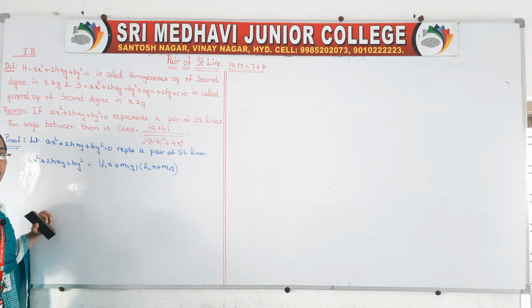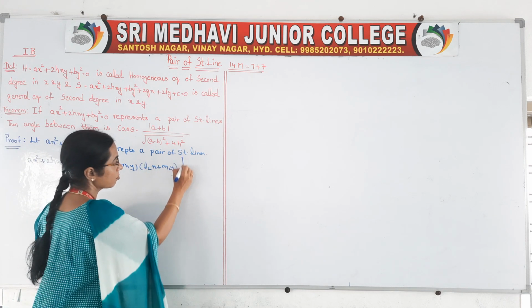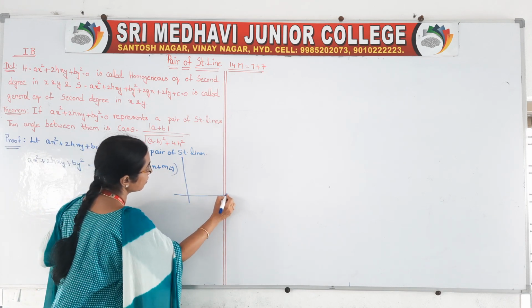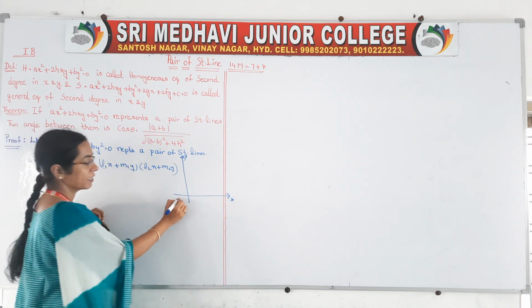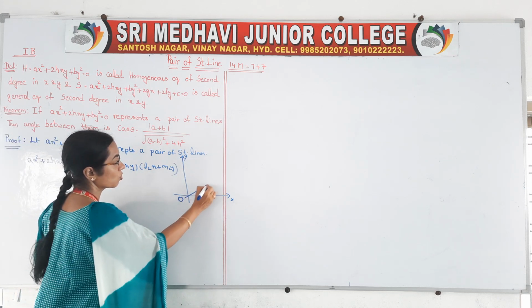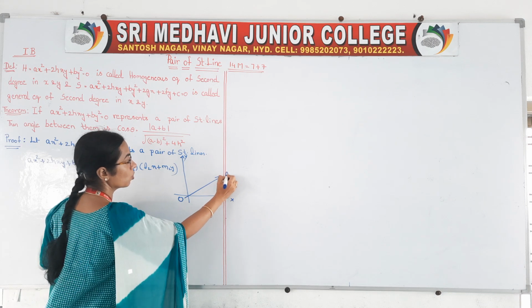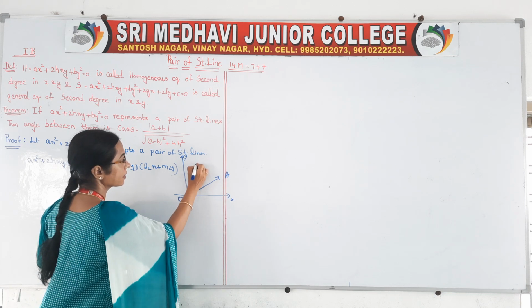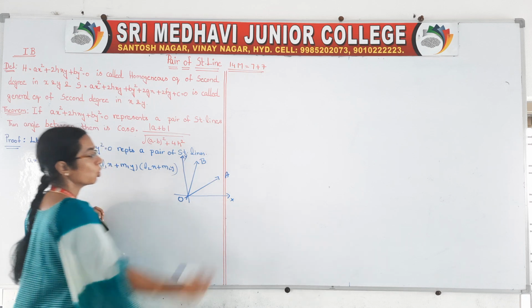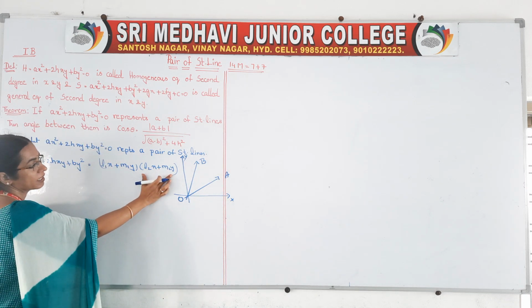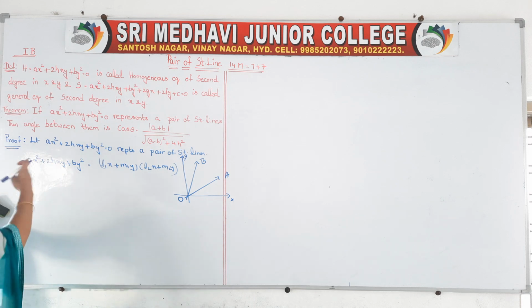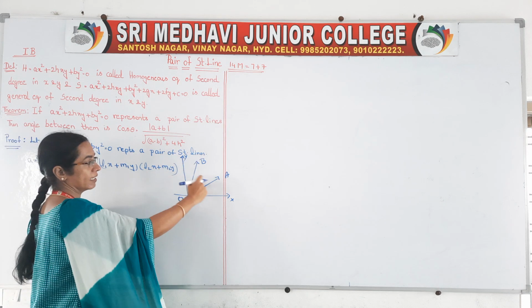If you want to see the diagram, this is your x-axis, this is your y-axis, this is the origin. The first line is OA and the second line is OB. So this is your OA and this is your OB. That curve we can take like this.